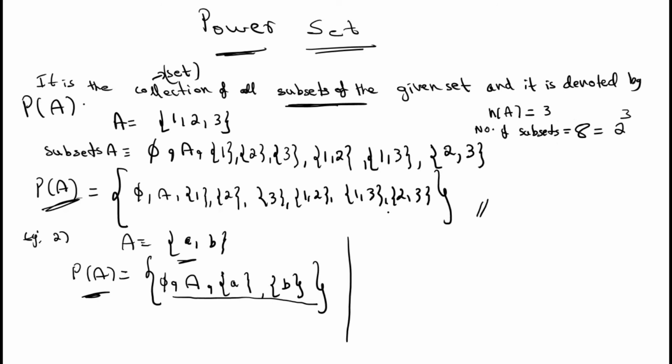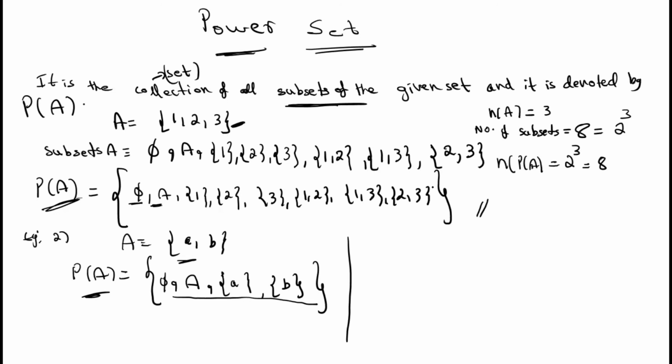So how many elements are there in P of A? n of P of A is also 2 to the power 3, which is 8, because the elements of P of A are nothing but subsets. If any set has m elements, then there are 2 to the power m subsets.